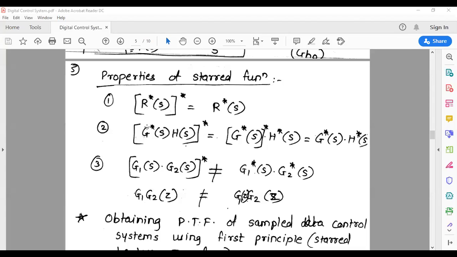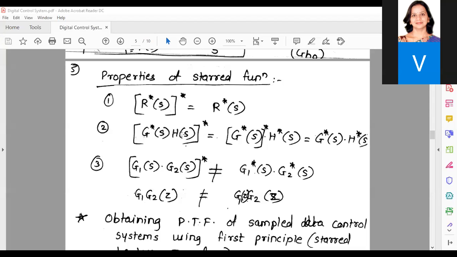Now this originally was a sampled signal. H of S was nothing but a continuous one. And because you're sampling the entire part, you're going to get something of this kind, which will not, I repeat, will not be true in the third case.